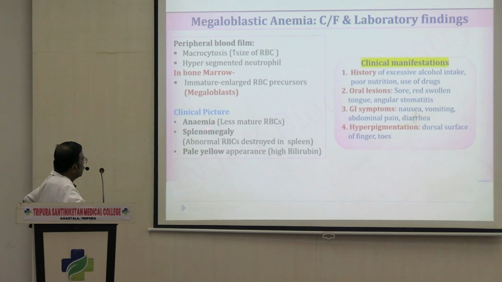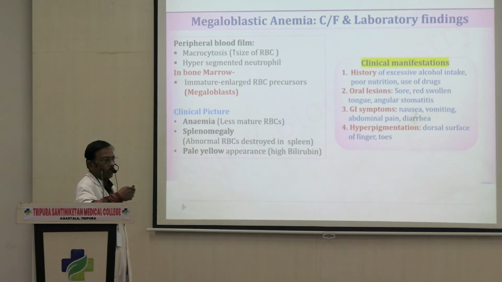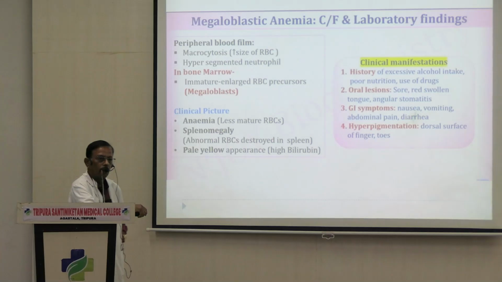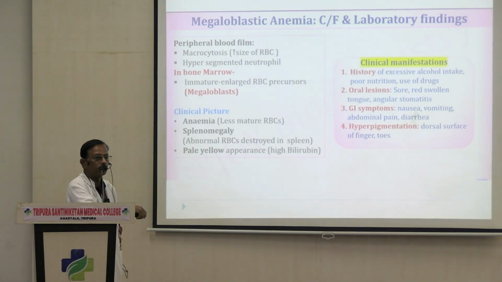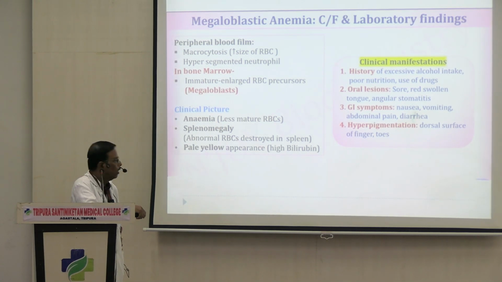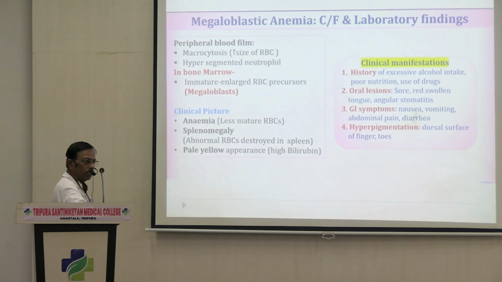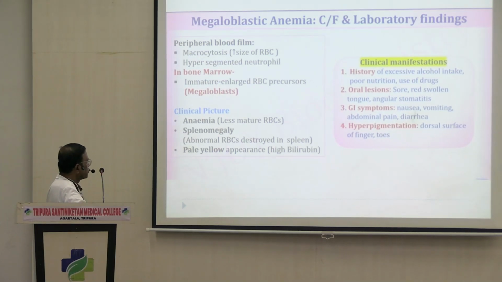Then the clinical picture of anemia will be there. Splenomegaly will be there because the RBCs are not matured properly, so they will be destroyed by the spleen. So due to overactivity of the spleen, it becomes bigger. So there will be splenomegaly.